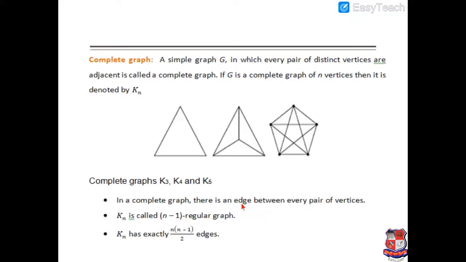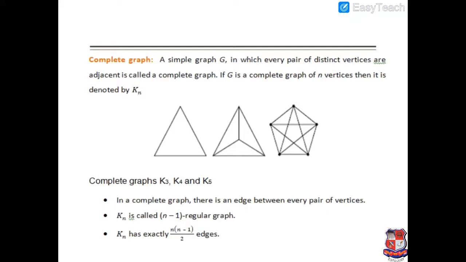In a complete graph, there is an edge between every pair of vertices. In the given graphs, an edge exists between each and every pair of vertices. Kn is called an n-1 regular graph.